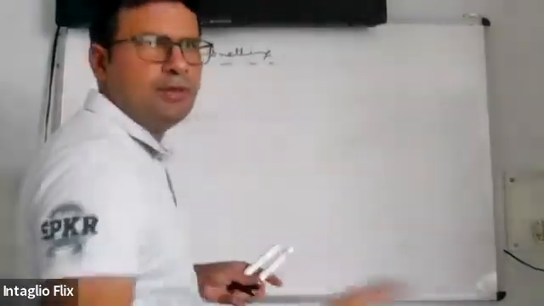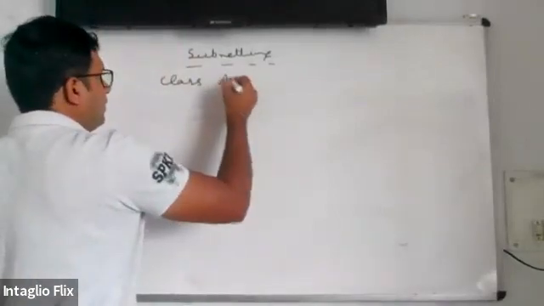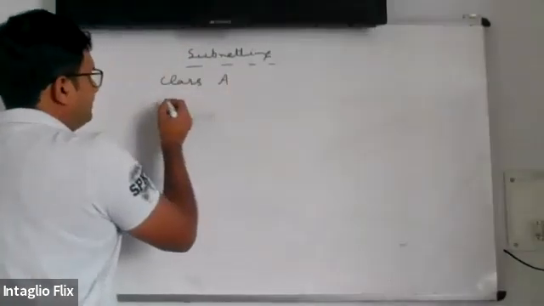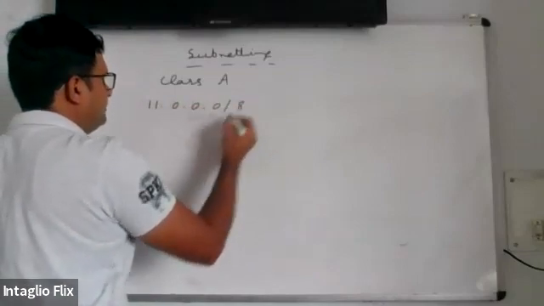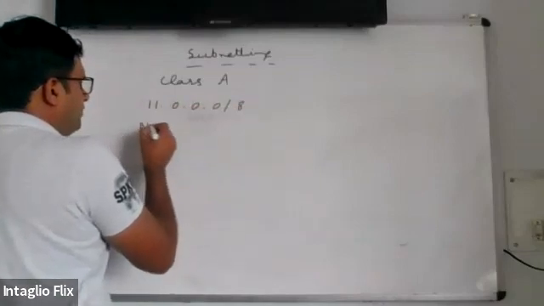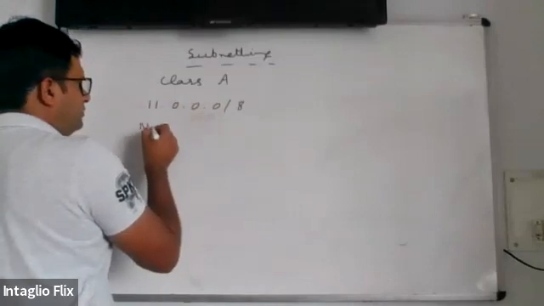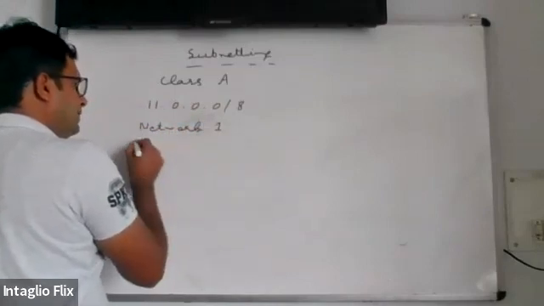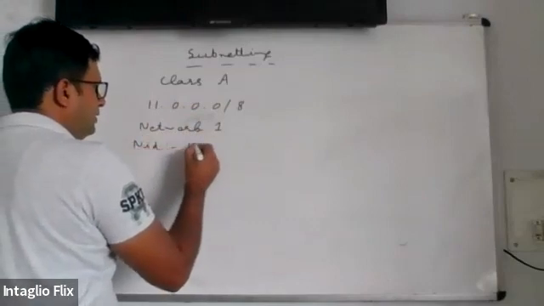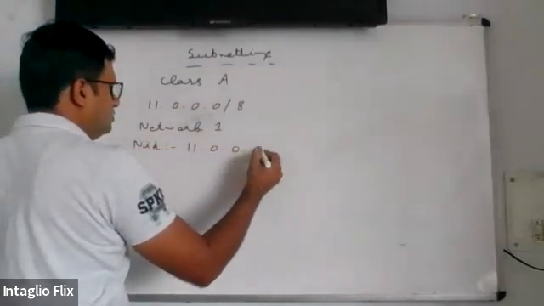Subnet of class A will be, let's suppose I am having 11.0.0.0/8. If I borrow one bit from the host to the network, network 1 will get created. Its network ID is going to be 11.0.0.0.